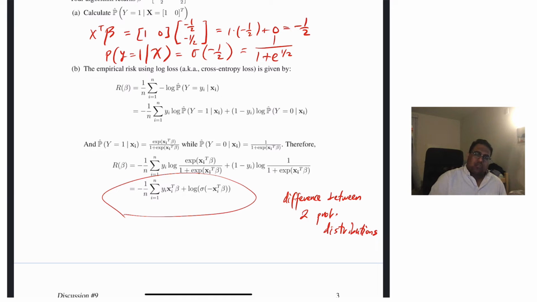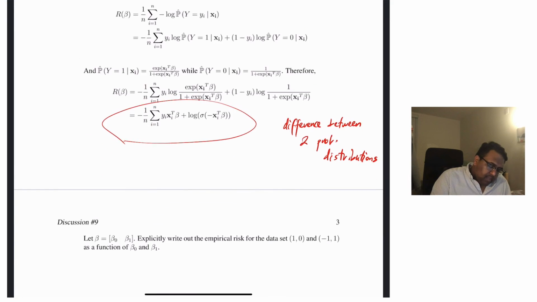If the cross-entropy between two distributions is large, it means they're very different. And if it's small, it means they're close to one another, in terms of the outputs that they have. So if we minimize the cross entropy, we're minimizing how different our predicted distribution is compared to the actual distribution. So minimizing cross entropy minimizes this difference.